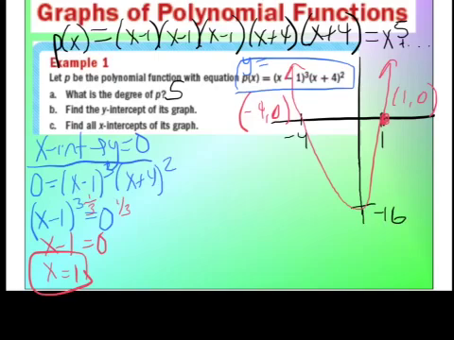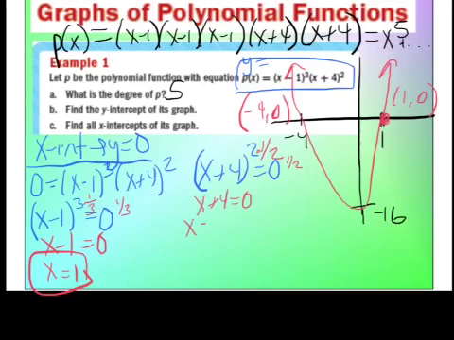The other x-intercept, let's take our x plus 4, which is all squared. Set that equal to 0. To get rid of the squared, take the square root or raise it to the 1/2 power. That's going to leave us with x plus 4 equal to 0, or x equals negative 4, which is exactly what we had already identified.